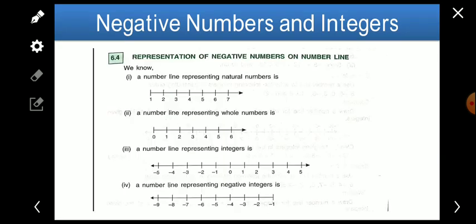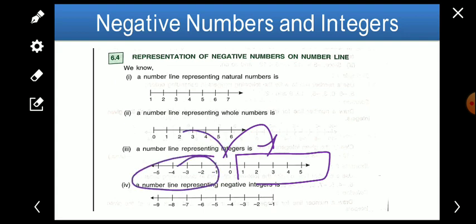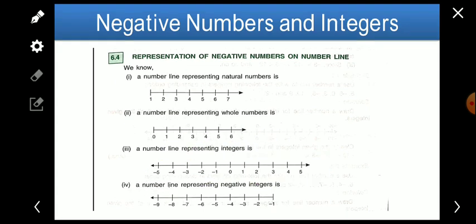From here a lot of conclusions come. All the positive numbers are greater than 0, all the negative numbers are smaller than 0. 0 is greater than every negative integer, because it is on the right side of each and every one of them. It is greater than -1, greater than -2, greater than -3, greater than -4.